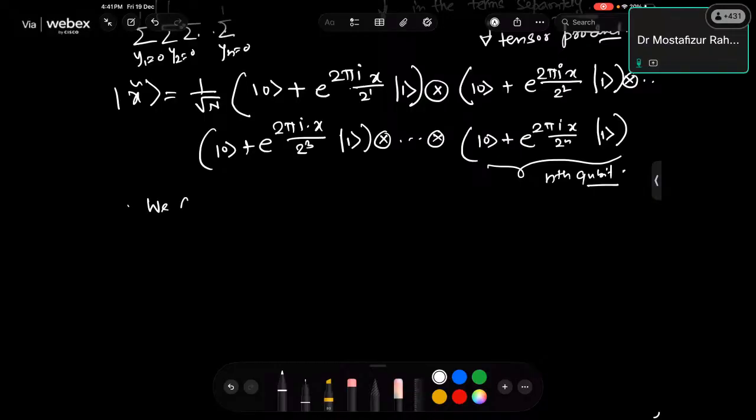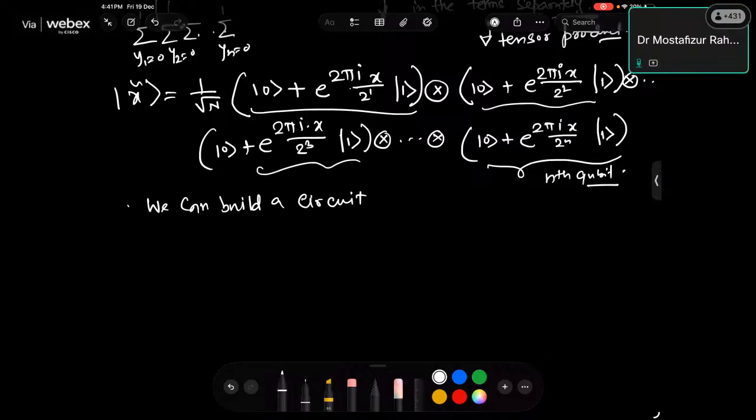So we can build a circuit. This will go to the first qubit, second to the second qubit, third qubit, and nth qubit.